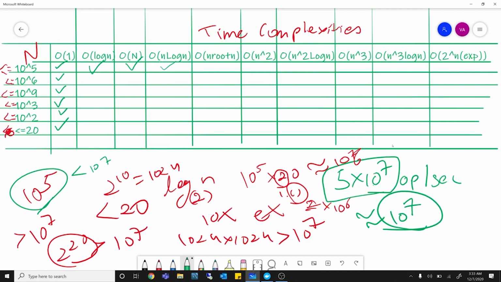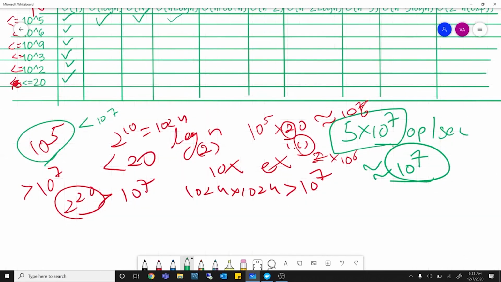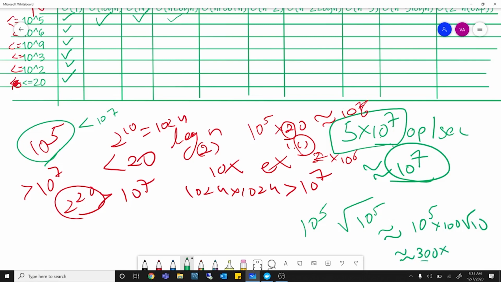All right. So n log n is valid. Now let's talk about n root n. So n is 10 to the power 5. Root n is root of 10 to the power 5, which is approximately 100 root 10, which is approximately 300, a little above 300. So 300 into 10 to the power 5 is 3 into 10 to the power 7.